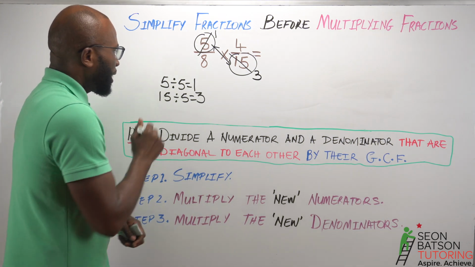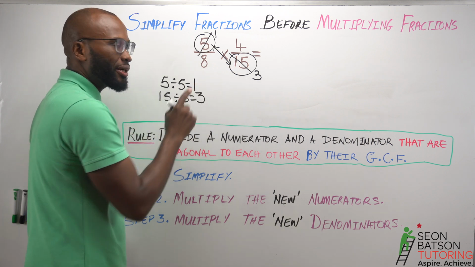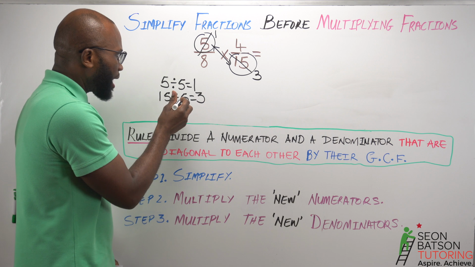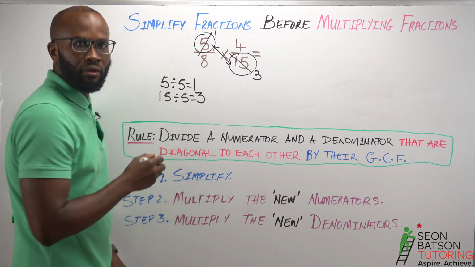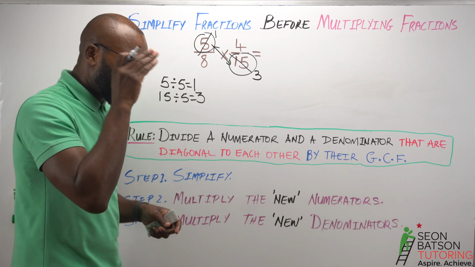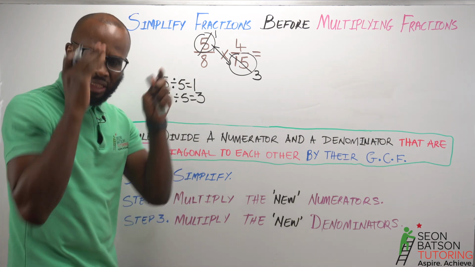Note, I divided the numerator and the denominator by the same number. I divided both by 5. When you're simplifying, you must divide the numerator and the denominator by the same number.